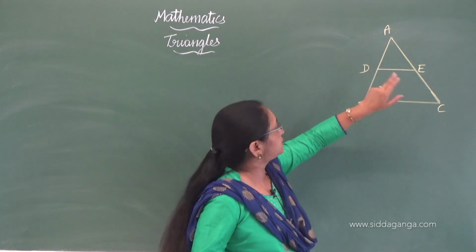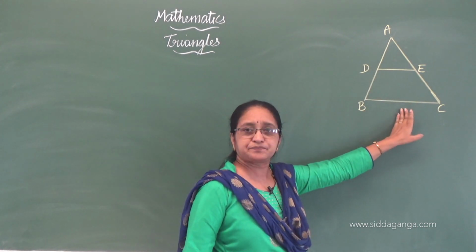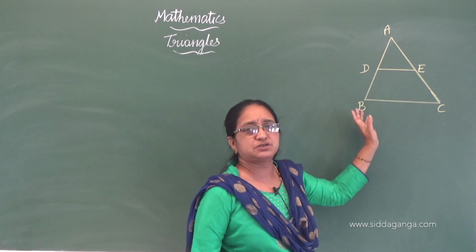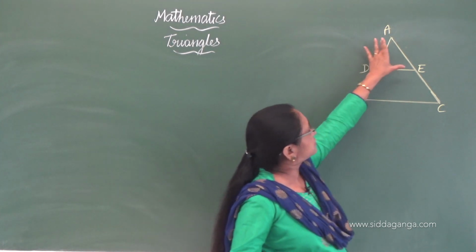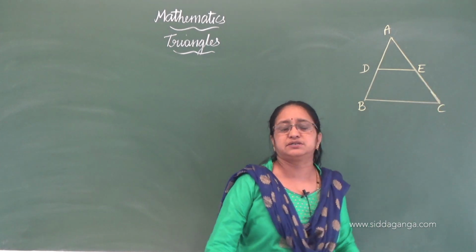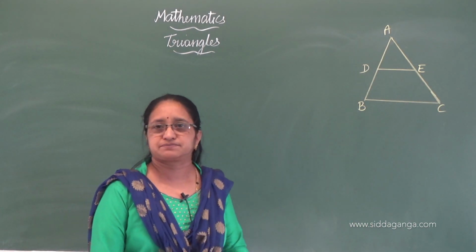I mean to say that if DE is parallel to BC, then AD by DB will be equal to AE by EC. This theorem I showed you in the previous class.